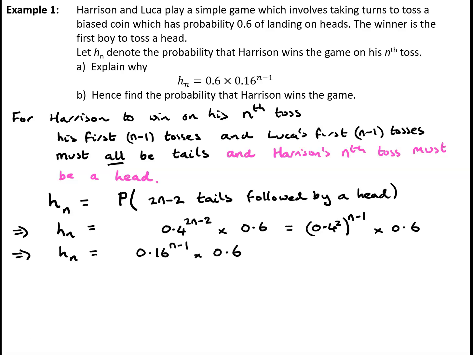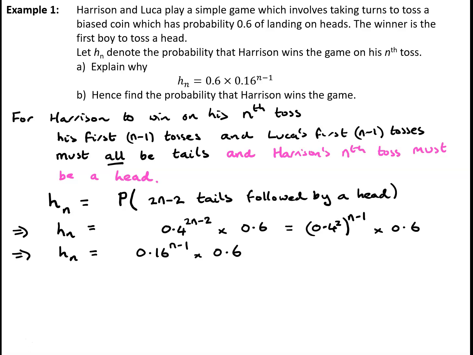In other words, Hn is 0.16 to the power n minus 1 multiplied by 0.6, which of course is the same as 0.6 times 0.16 to the power n minus 1. Now we should really notice at this stage that this is exactly the format of a geometric sequence whose first term is 0.6 and whose common ratio is 0.16.